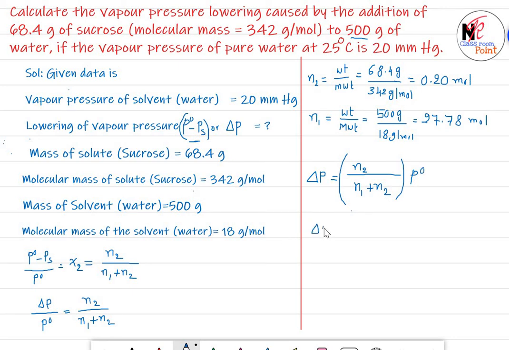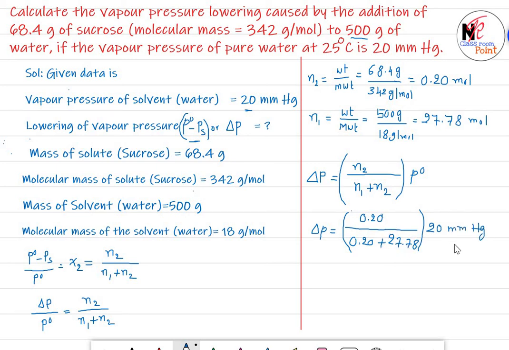Now delta P is equal to, let us substitute all these values: N2 value is 0.20 divided by 0.20 plus 27.78, into the P0 value mentioned here as 20 millimeters of mercury.